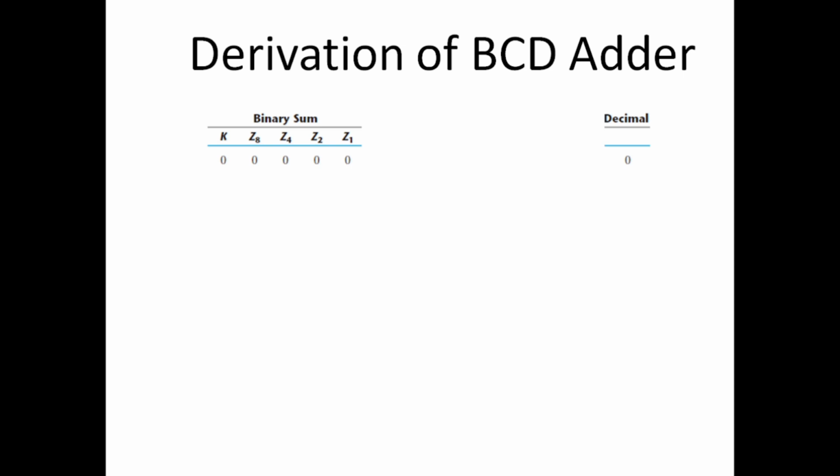So when the BCD adder is used at maximum, when one digit is 9 and the other digit is 9, then the sum can be 18. And if the input carry is also 1, I mean the input carry is also maximum, then the total sum becomes 19.